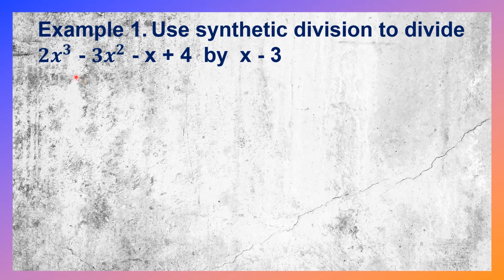So let us look at the exponent if it is arranged in descending order. 3, 2, 1, 0. So it is arranged in descending order. Then, as you can see, there is no missing term. Why? Because 3, 2, 1, 0.